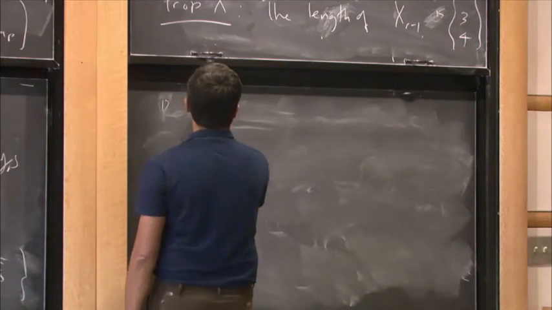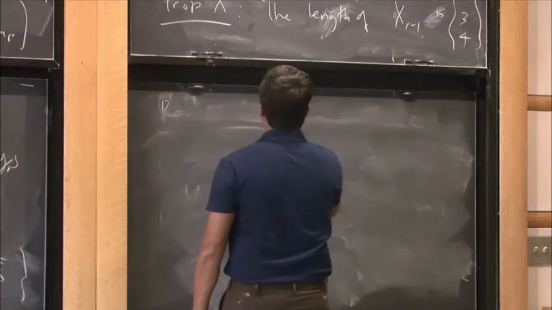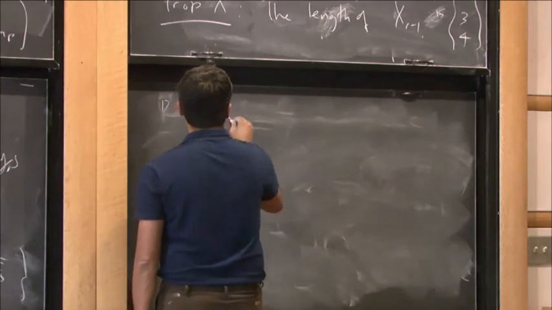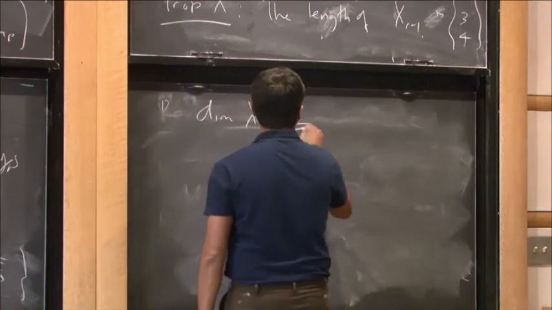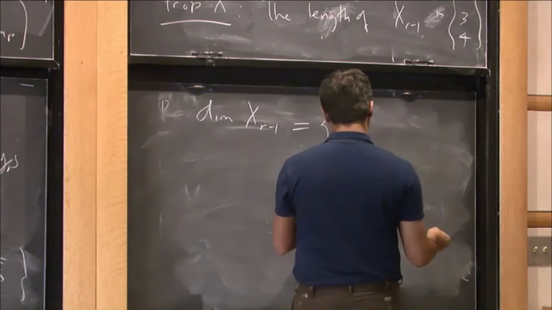But maybe I'll write the following corollary down. So you can describe the Jordan-Hölder factors. So we don't need this in the talk, but let me just say it. It's a nice little formula.